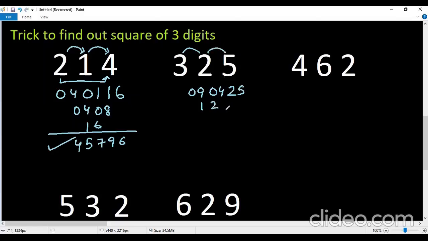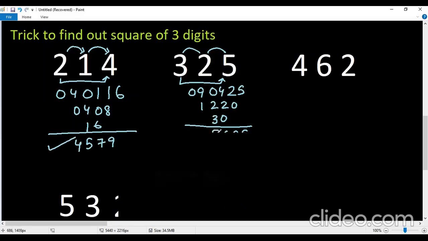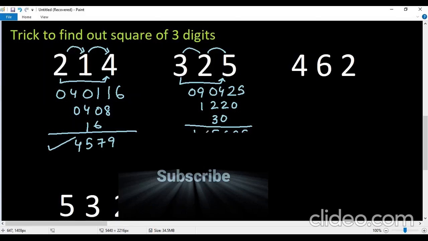I will write 20 like this. Lastly, 3 times 5 is 15, 15 plus 15 is 30, and I will write something like this. And now when I add them together, I get 5, 2, 0 is 2, 4 plus 2 is 6, and 3 plus 2 is 5, 9 plus 1 is 10. I will write like this, and this is going to be your final answer.